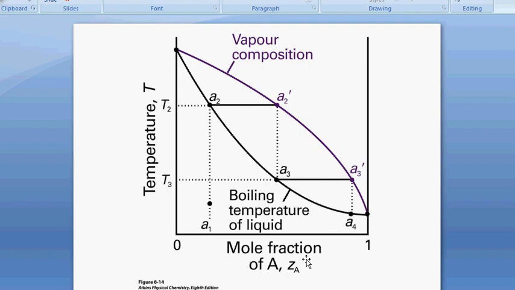And without going into the mathematical details, let me just show you this is how the plot of mole fraction as a function of temperature looks.